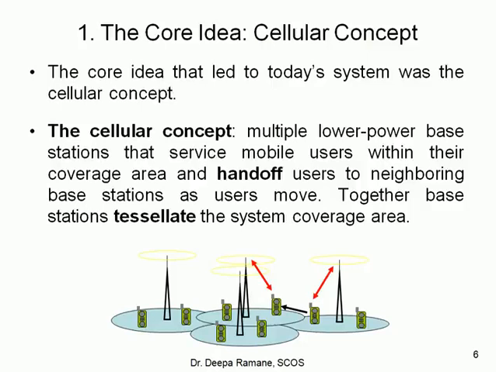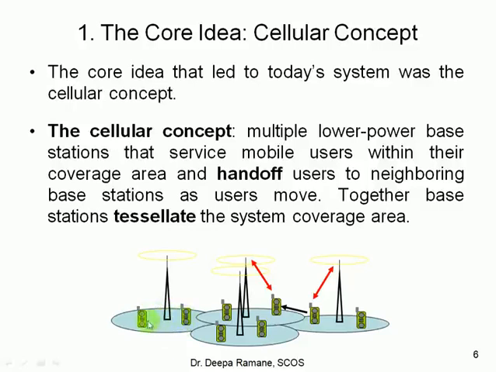The cellular concept you can see in this particular diagram: your big area is divided into different regions, and each region is called a cell. Each cell has one tower which controls all the devices present in its area.